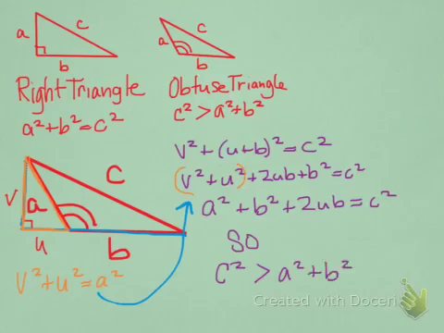This tells me that C squared is not equal to A squared plus B squared, but C squared is actually a little bit bigger than A squared plus B squared, because it takes A squared plus B squared plus a little bit more to equal C squared. So C squared is bigger than A squared plus B squared.